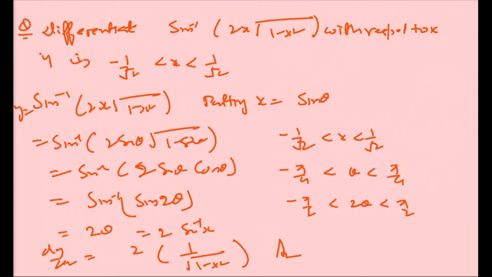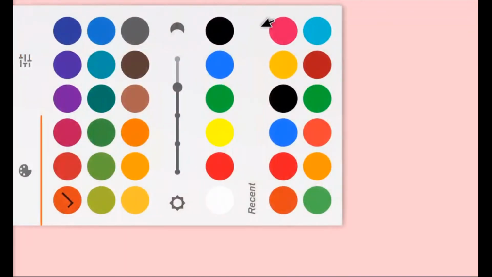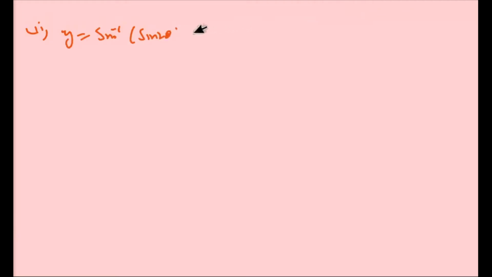Now again, second condition, again y equal to sine inverse sine 2 theta. Now the condition is 1 by root 2 less than x less than 1. So we can say pi by 4 less than theta less than pi by 2.